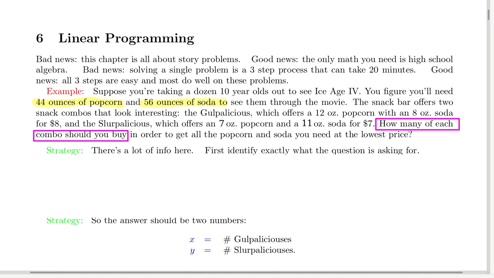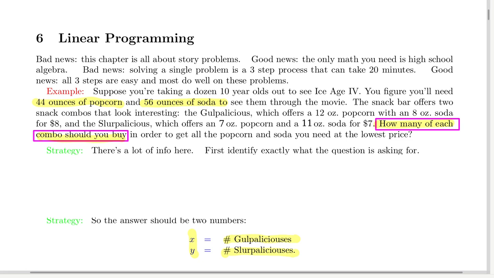The first step is probably to just clarify what the question is asking for. In this case, what they're asking for is how many of each combo should you buy. That means there are going to be two variables. We're going to have an x variable and a y variable, and we could say that x is the number of Gulpalicious snack packs you buy, and y is the number of Slurpalicious snack packs that you buy.